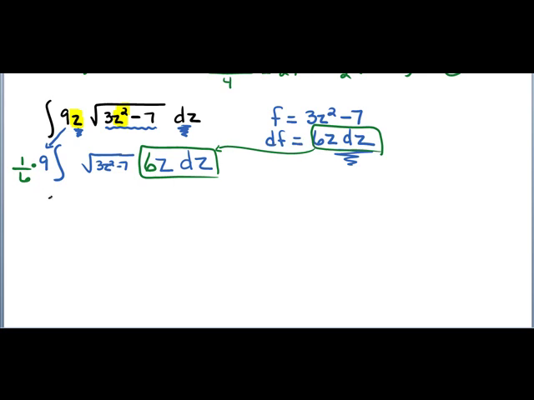9 times 1/6 is 3/2. The integral of the square root of f, and now that green box becomes df.